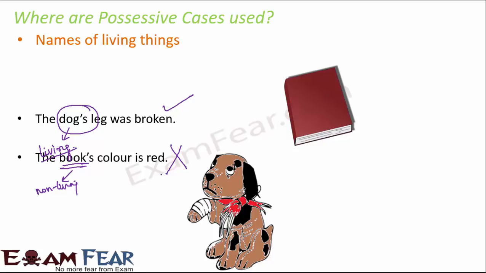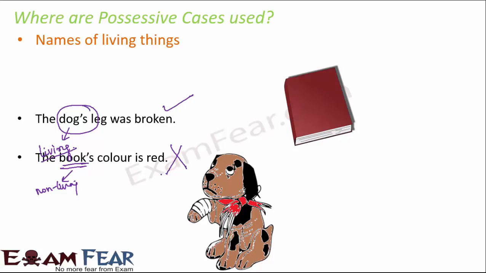So in all those cases it is fine. But if you are talking about possession of a non-living thing, there you should not use apostrophe or possessive case. Rather you have to use the preposition of. The color of the book is red. So I hope you understand this, right? So this is very important that you know where to use possessive cases and where not to use them, right?